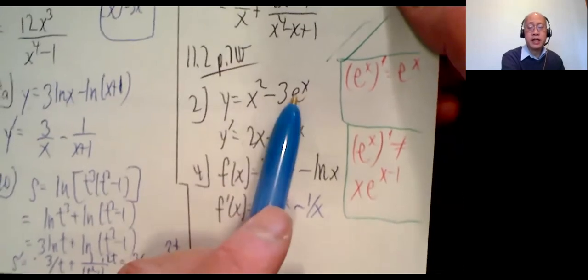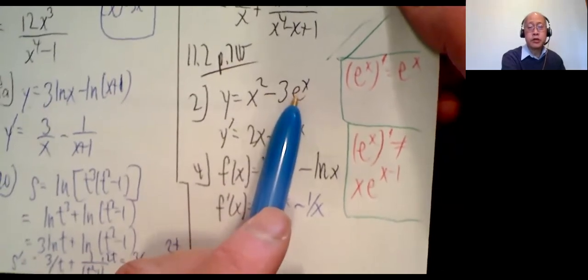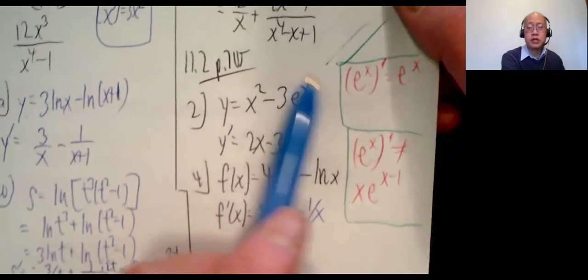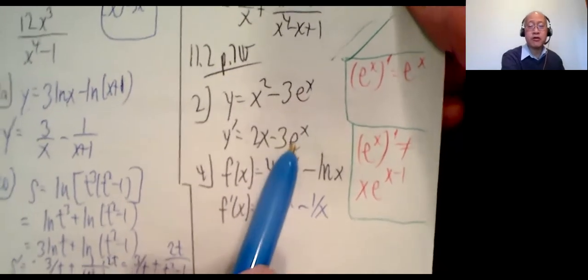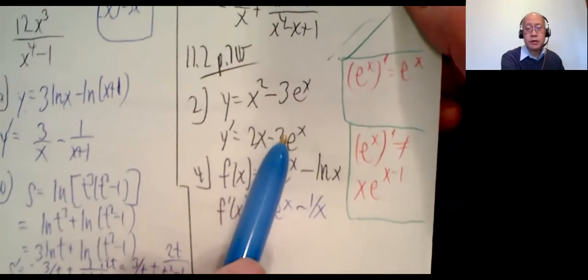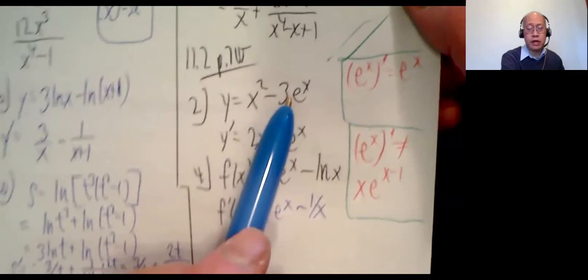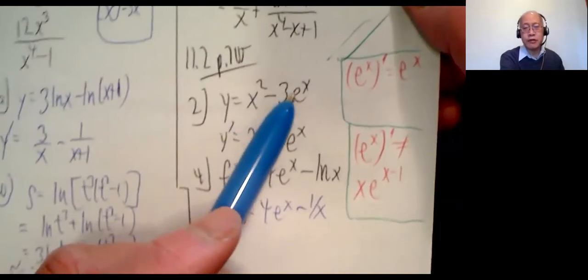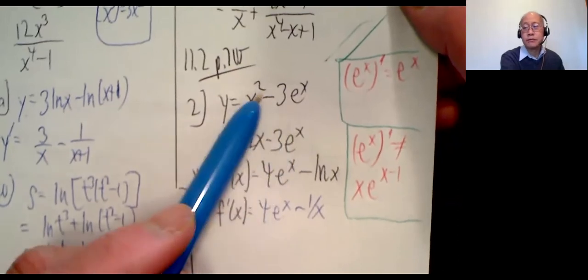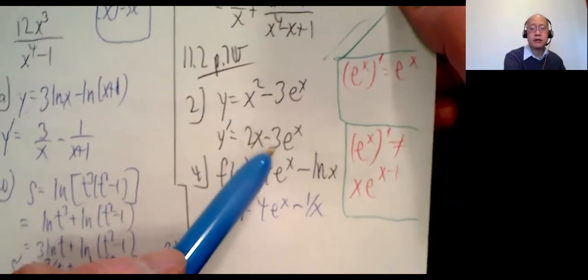Negative 3 times e to the x. So the derivative is the constant, negative 3, times the derivative of the function. The derivative of e to the x is itself, e to the x. So here it looks like you didn't do anything, but you actually did. You took the derivative. It just doesn't look like you did anything because the derivative of e to the x happens to be itself, e to the x. Okay, so that's my final answer right there.